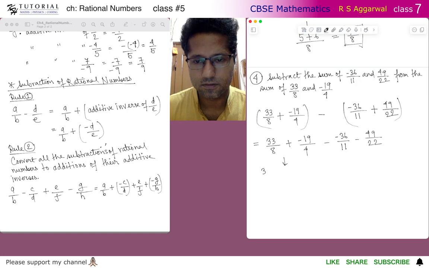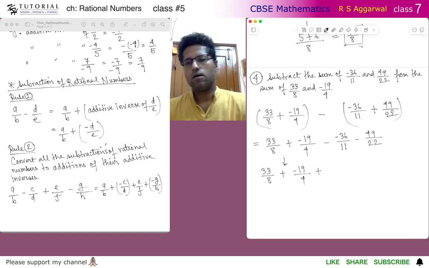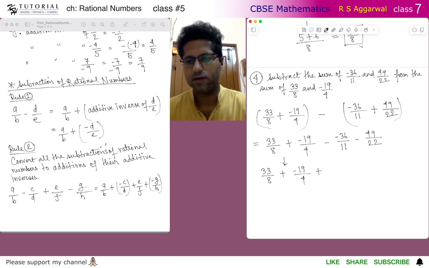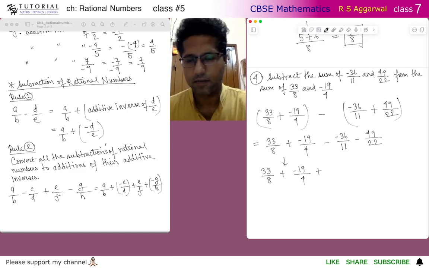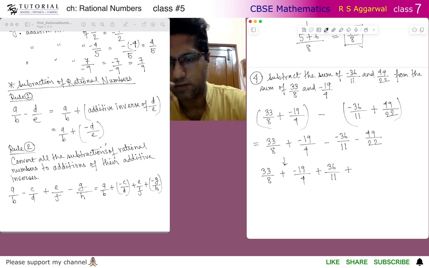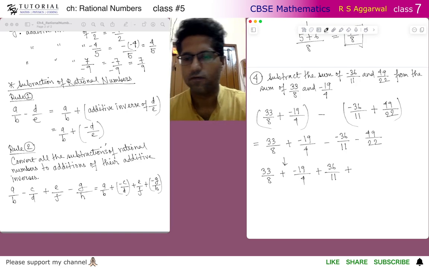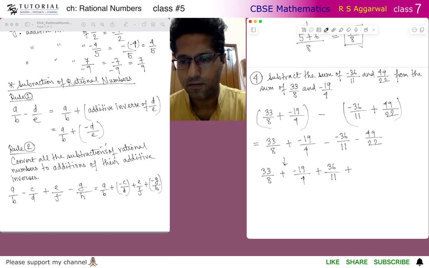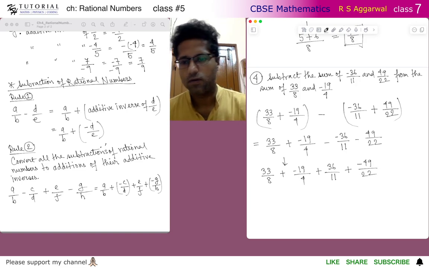So this becomes 33 by 8 plus minus 19 by 4 plus, it's a subtraction of minus 36 by 11, so it will be addition of the additive inverse of minus 36 by 11, that is 36 by 11, and also subtracting 49 by 22 is equivalent to adding the additive inverse of 49 by 22, that is minus 49 by 22. Now we have addition of 4 rational numbers.